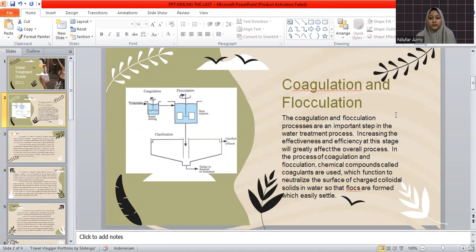Increasing the effectiveness and efficiency at this stage will greatly affect the overall process. In the process of coagulation and flocculation, chemical compounds called coagulants are used, which function to neutralize the surface of charged colloidal solids in water so that flocs are formed which easily settle.